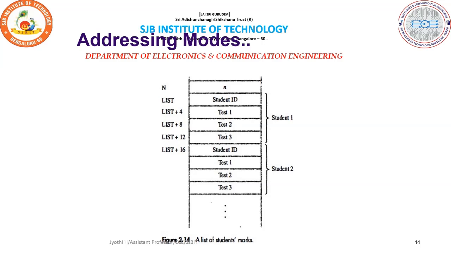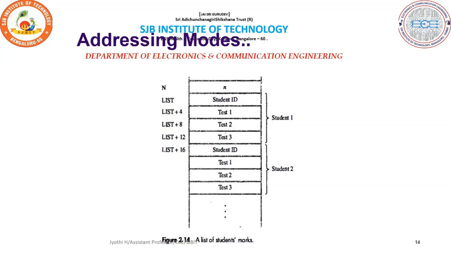Assume that the list of scores begins at the location list, as shown in this figure. A block of 4 memory words comprises a record that stores the relevant information for each student, and each record consists of a student identification number followed by the scores the student earned on 3 tests.